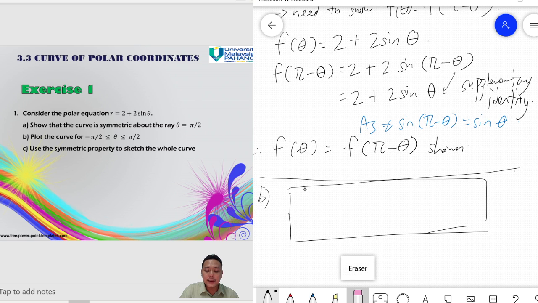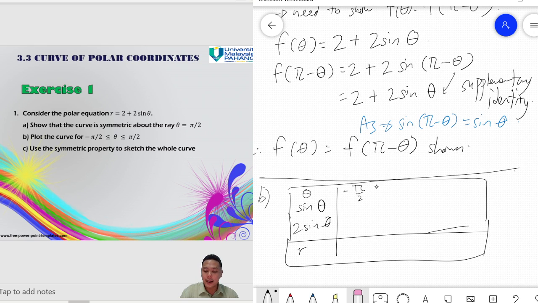So theta, sin theta, 2 sin theta, then you proceed with r, which is 2 plus 2 sin theta, and theta starts from negative pi over 2, then negative pi over 4, then 0, pi over 4, and pi over 2. You can pause the video if you want to confirm it with my answer.